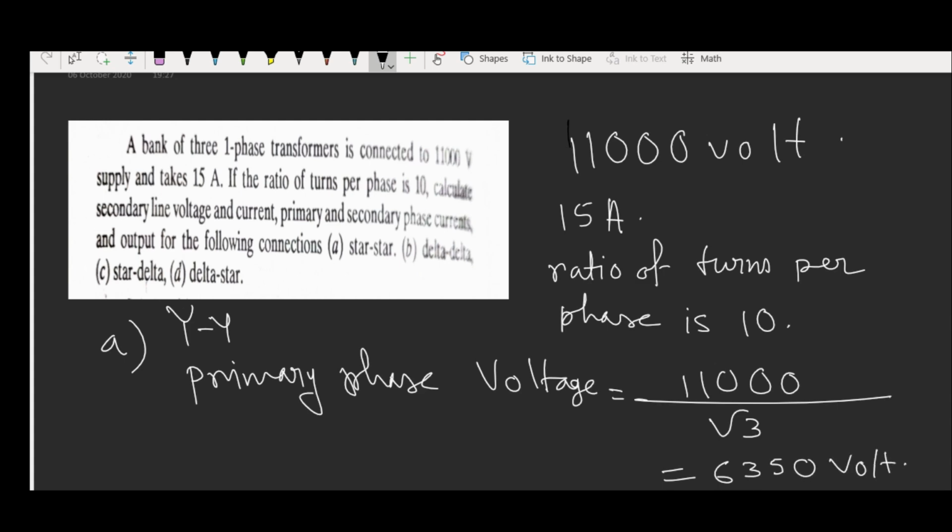Now what is primary line current? Since it is star, line current is equal to the phase current is equal to 15 ampere, right?